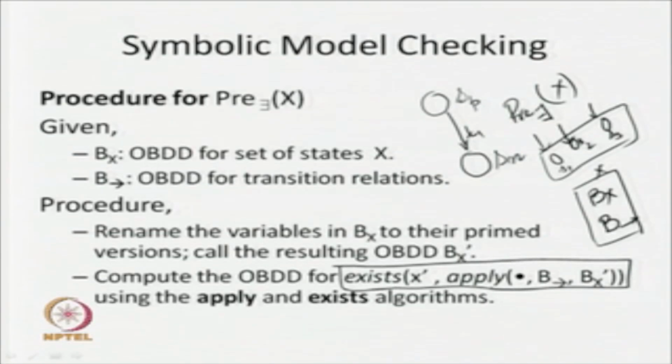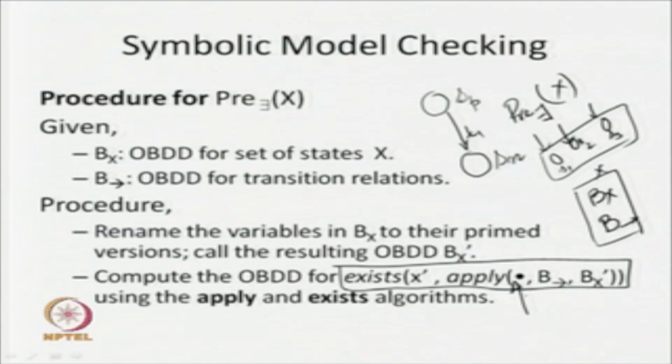First, we use the apply algorithm with the dot operator on these two OBDDs: the OBDD for the transition system and the OBDD for the set of states where the variables are renamed to their primed versions. The apply algorithm gives me an OBDD where the variable ordering is the same for B arrow and Bx prime.